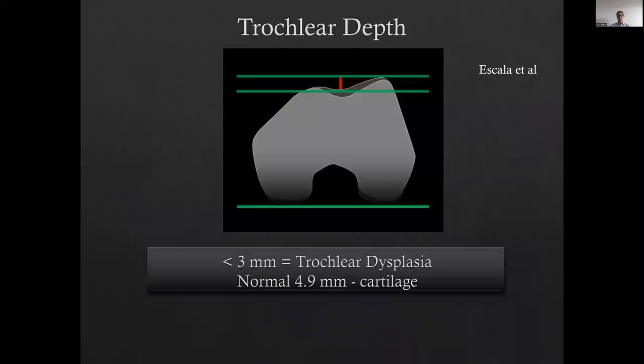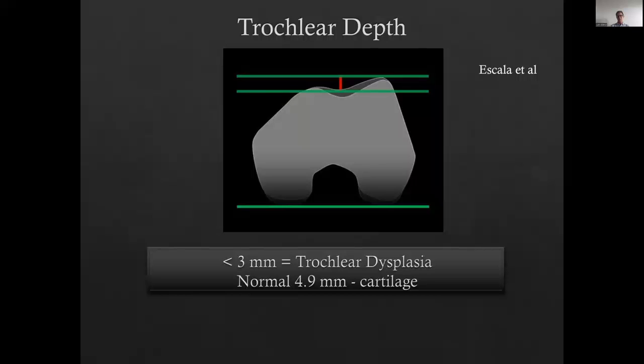The trochlear depth can be measured this way. This is the Escala method, where you make the posterior femorocondylar line and make lines parallel to this. Normally, we measure on cartilage, and I think we should, because it's an articulation with cartilage, and in this part of the knee there will often be what we call bone cartilage mismatch.